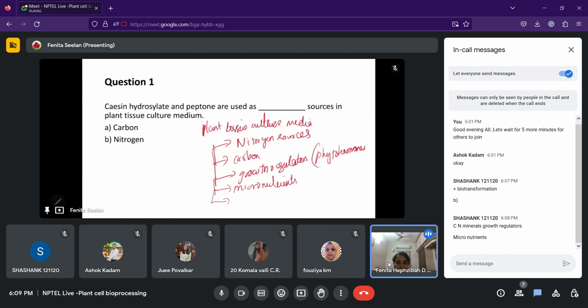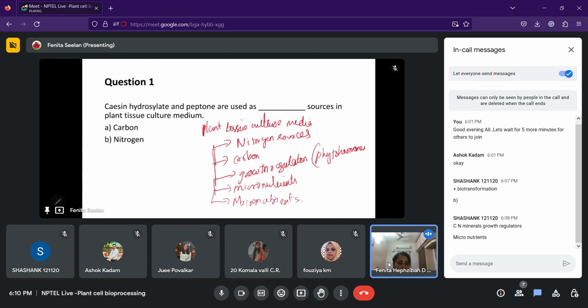What else will be there in a plant tissue culture media? Micronutrients, macronutrients. Why are they called micro and macronutrients? Any clue?